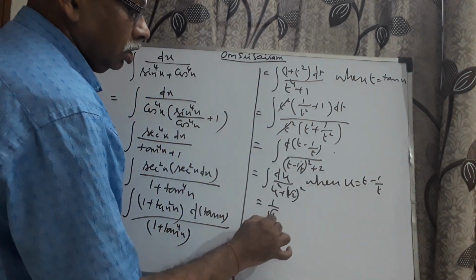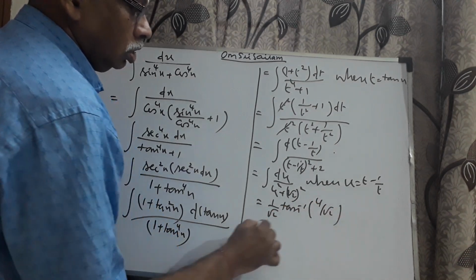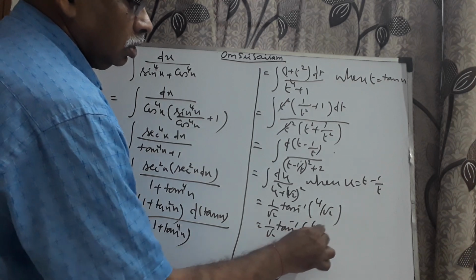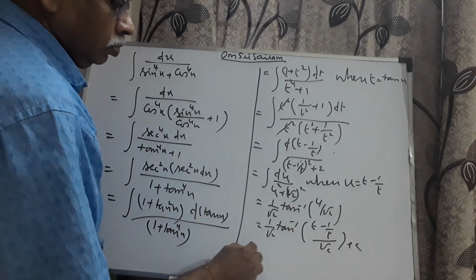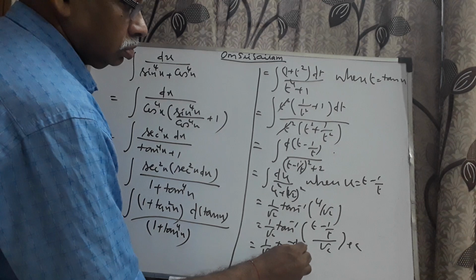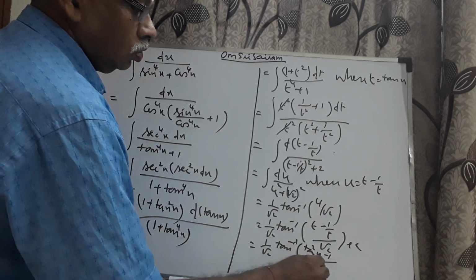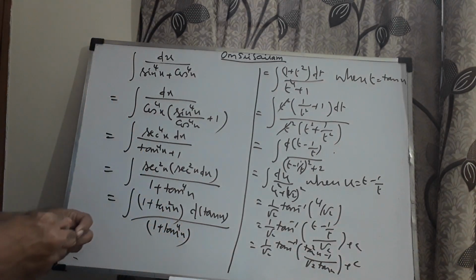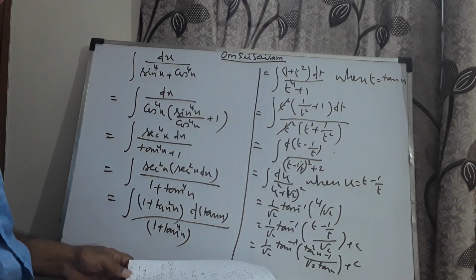Therefore, this is nothing but 1 by root 2 tan inverse u by root 2, which is 1 by root 2 tan inverse t minus 1 by t by root 2 plus c, which is 1 by root 2 tan inverse tan square x minus 1 by root 2 tan x plus c, by replacing t by tan x.